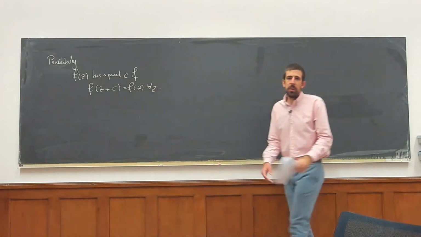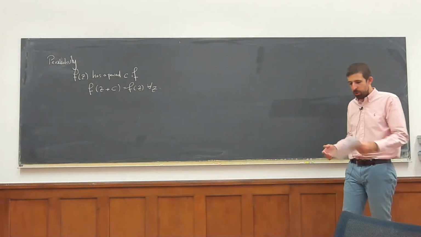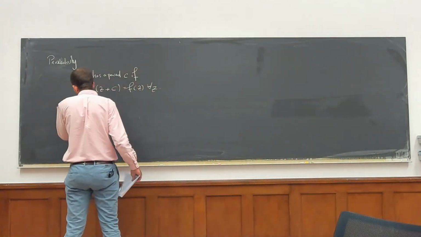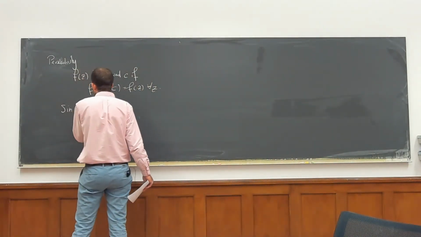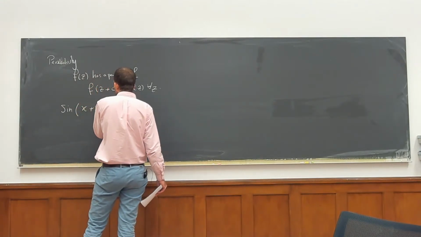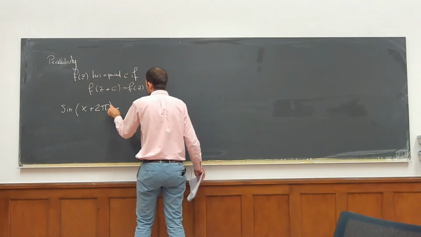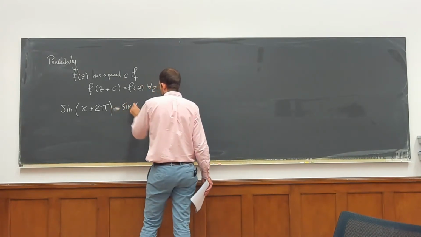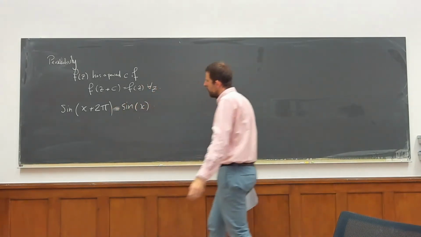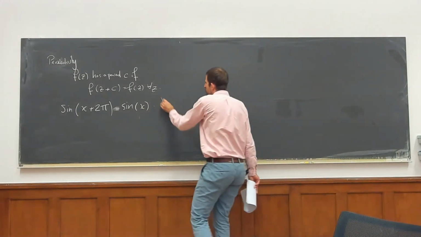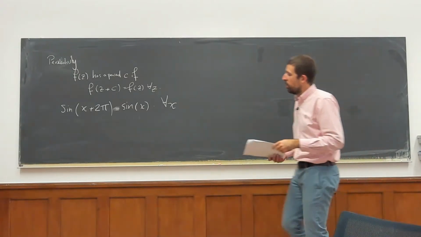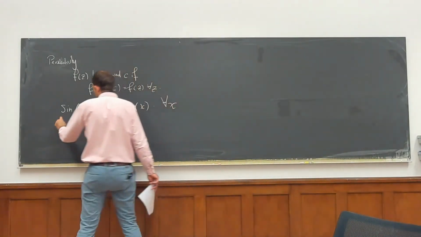So the sine is periodic and the cosine is periodic, and in particular we know that the sine has period 2 pi and the cosine as well, for all x, and in particular this holds for all complex numbers too.